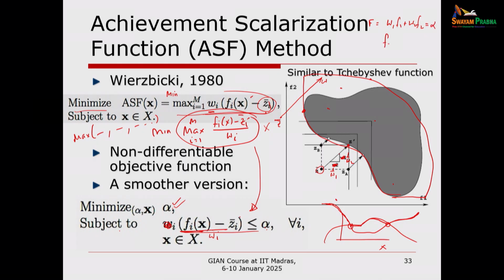So what is your F2 as a function of F1? It will be alpha over W2 minus W1 over W2 times F1. So your slope is minus W1 over W2. It's going to be in the negative direction. So these will be your iso lines.